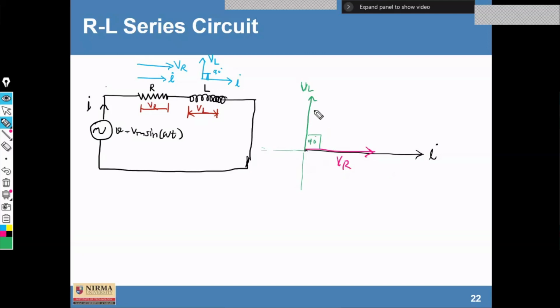The resultant of VR and VL is nothing but the applied voltage V, because according to Kirchhoff's voltage law, V is equal to VR plus VL: whatever the voltage drops across the different passive elements, they equal the voltage of the source. We can represent this in the form of vectors also. So from this, we can write the voltage triangle.